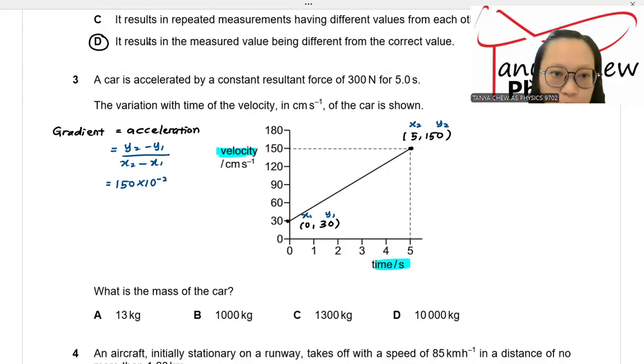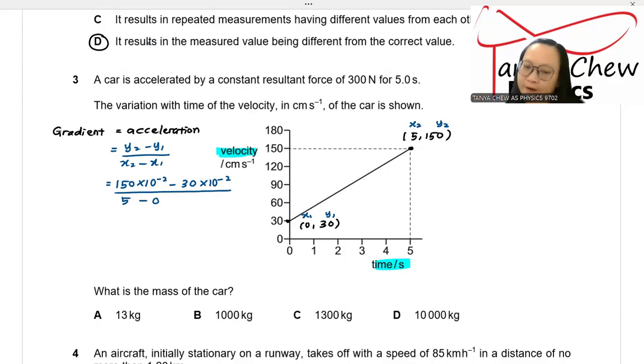Minus y1, which is 30 times 10 to the power negative 2, divided by x2 is 5, x1 is 0. I do not have to convert my time because my time is already measured in second. Right, so use your calculator. You should be able to get 0.24 meter per second square.